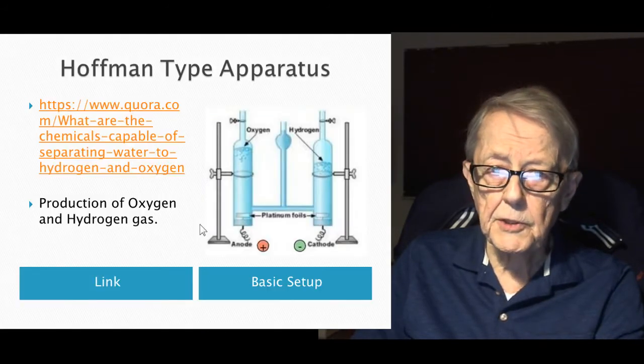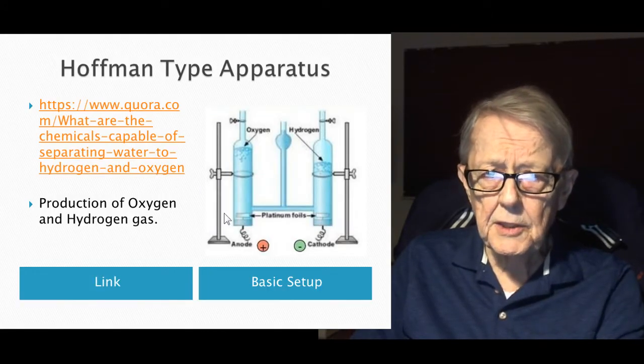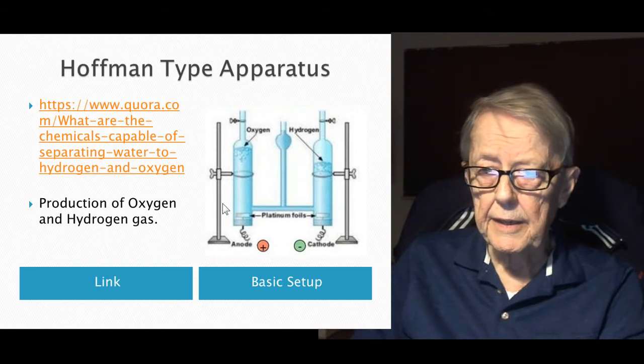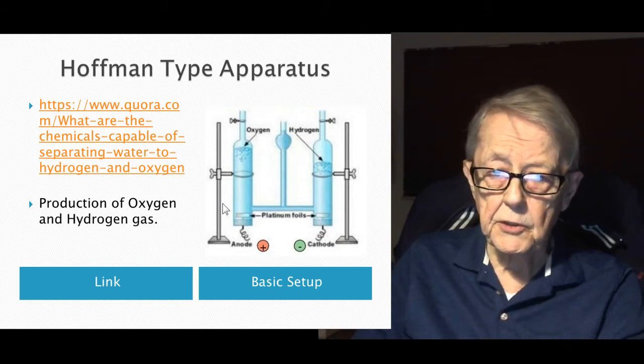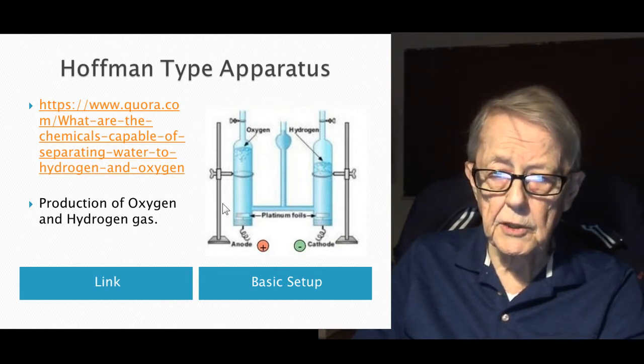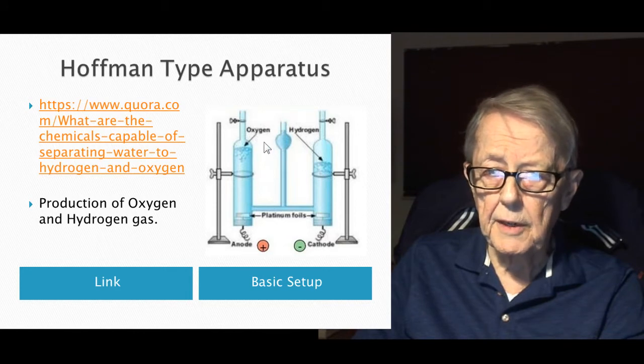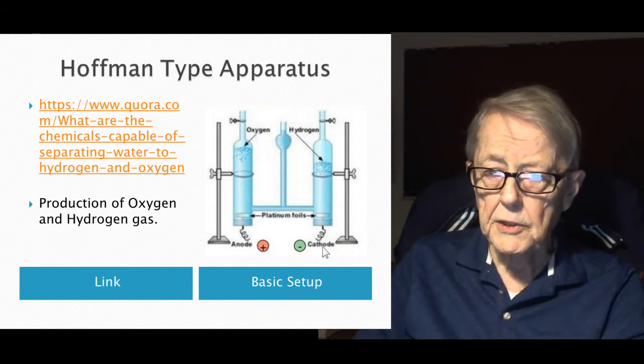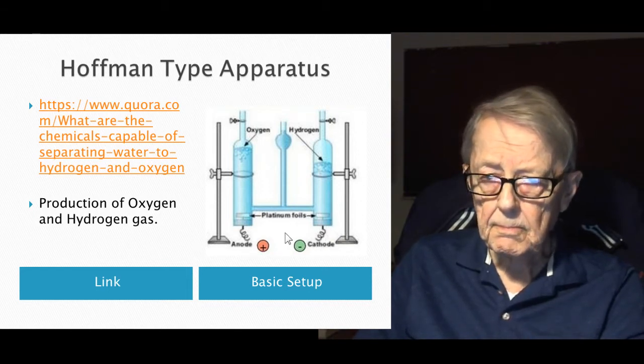A lot of uses. This is a typical apparatus, a Hoffman type apparatus that's used as a demonstration, as students use it to actually separate and generate oxygen and hydrogen when they use electrolysis to do that.